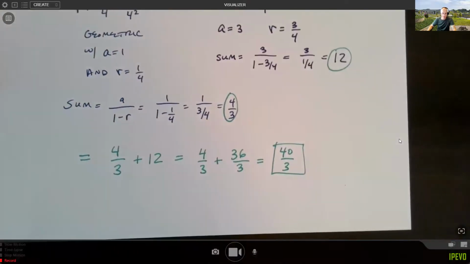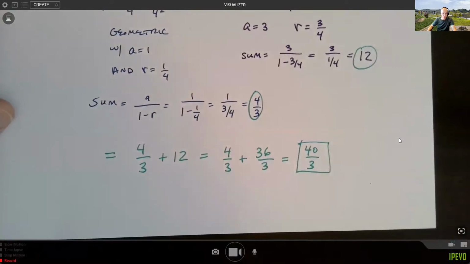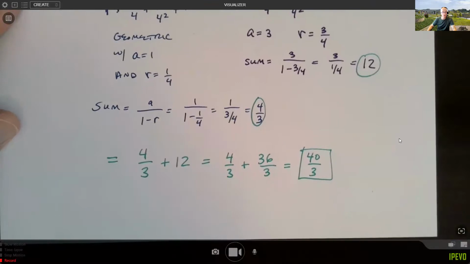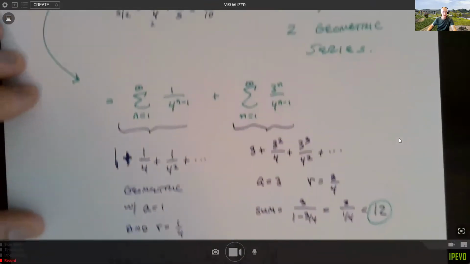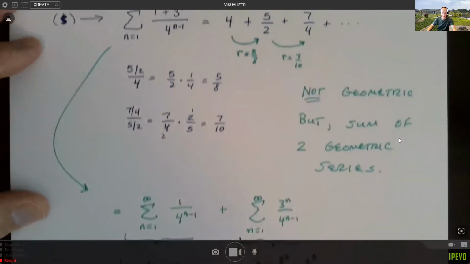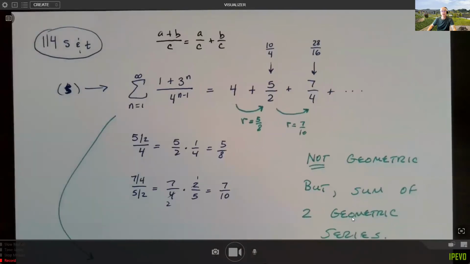For future classes, I'll need to make a little asterisk or note by these two to realize that they're actually not geometric, but they can be written as the sum of two geometric series. Okay, so I hope that helps with number 114S. And again, 114T is similar to that one.